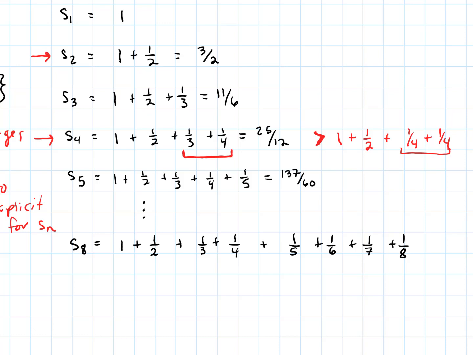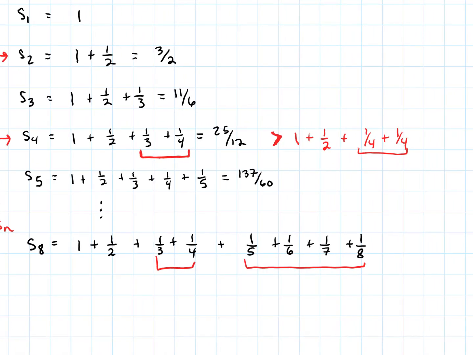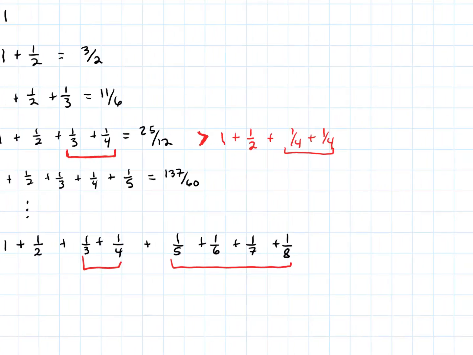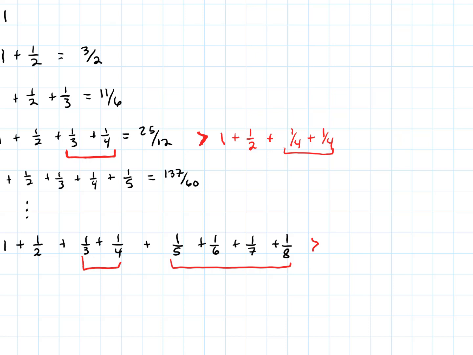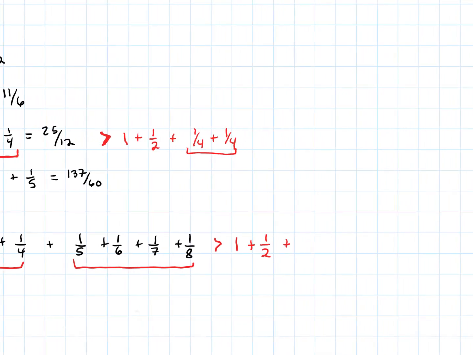And I'm going to group these as well. So I'm going to group these 2 and I'm going to group these 4. And I can say now that this whole thing has to be greater than 1 plus 1/2 plus, and then we've got that 1/4 plus 1/4, which we know turns into 1/2.